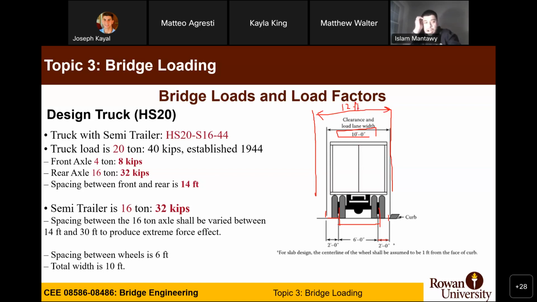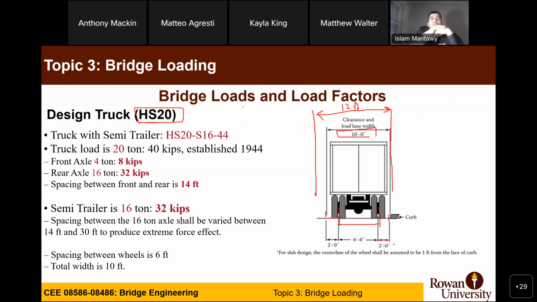This is a design truck HS20, but this is not the design that we use. We use which one? Let's ask Anthony McKay. Can you hear me? Yeah, are you talking about the one we use specifically in New Jersey?